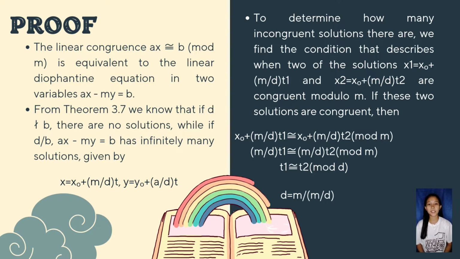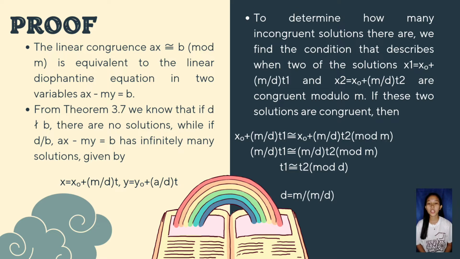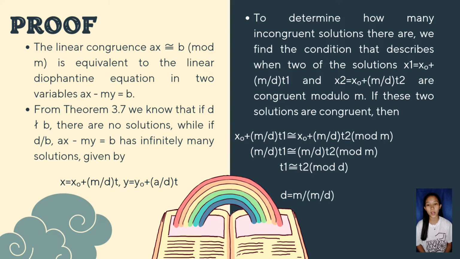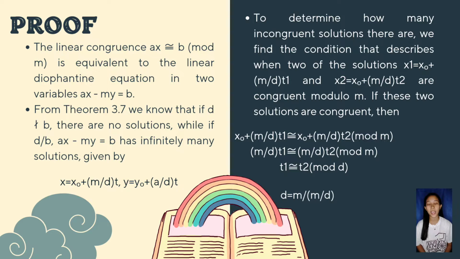The values of x given by x = x0 + (m/d)t are the solutions of the linear congruence, so there are infinitely many of these. To determine how many incongruent solutions there are, we find a condition that describes when two of the solutions, x1 = x0 + (m/d)t1 and x2 = x0 + (m/d)t2, are congruent modulo m.